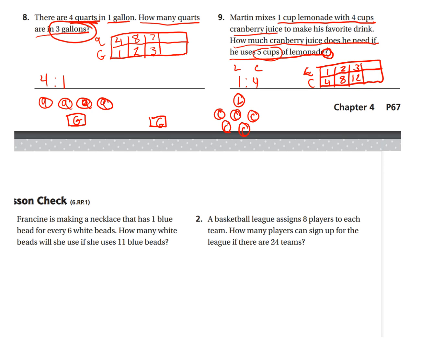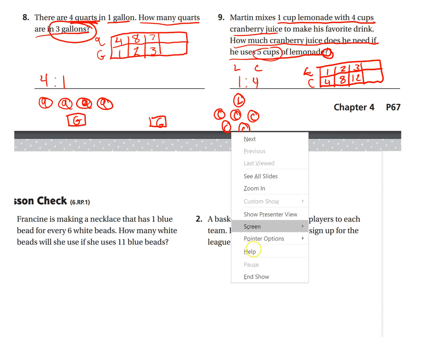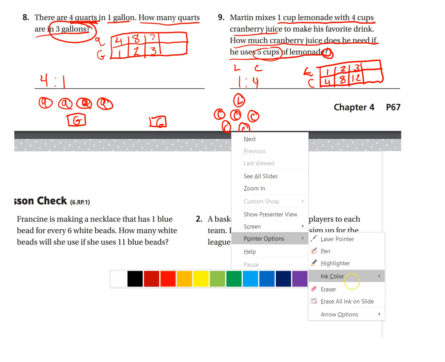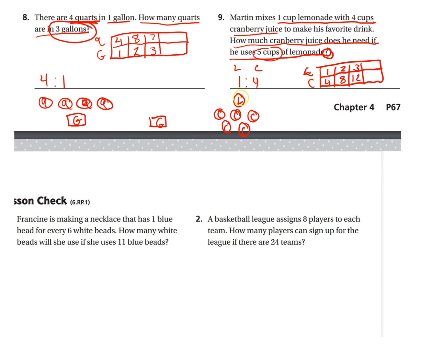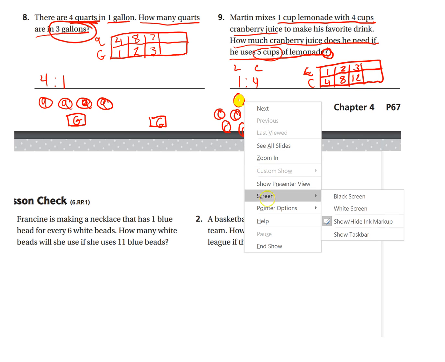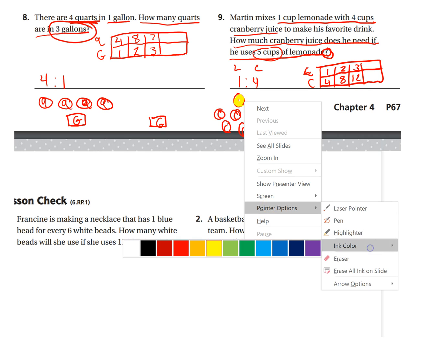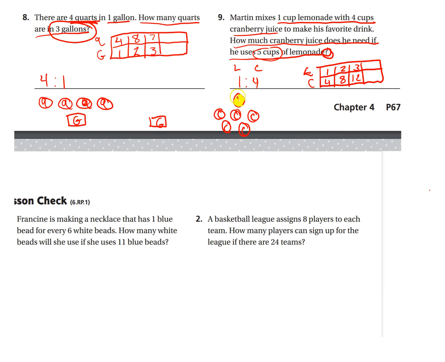Okay. Again, if I wanted to get real tricky, I could make my lemonade yellow, right? And then my cranberry is red. So this is my lemonade. My cranberries are red. And I realized my mistake once I started writing out this model.